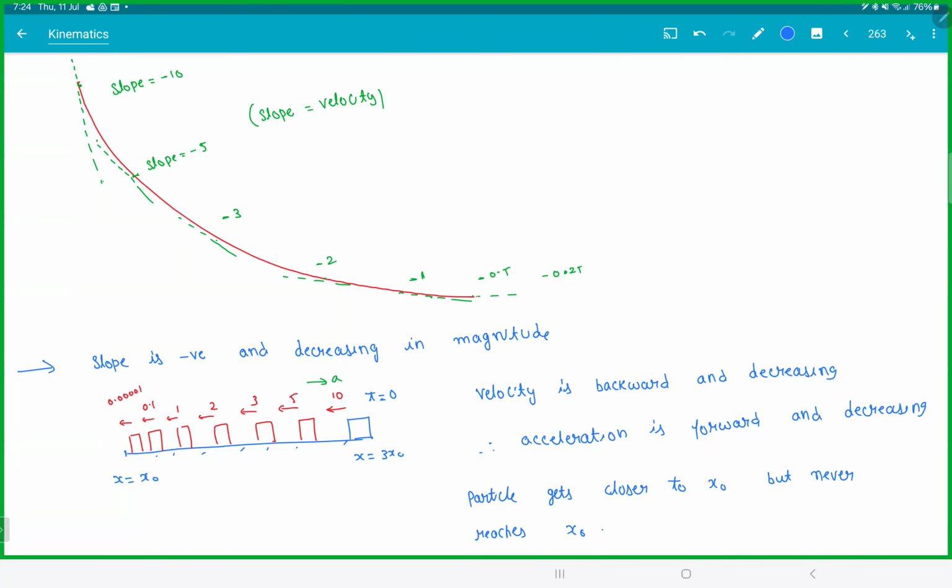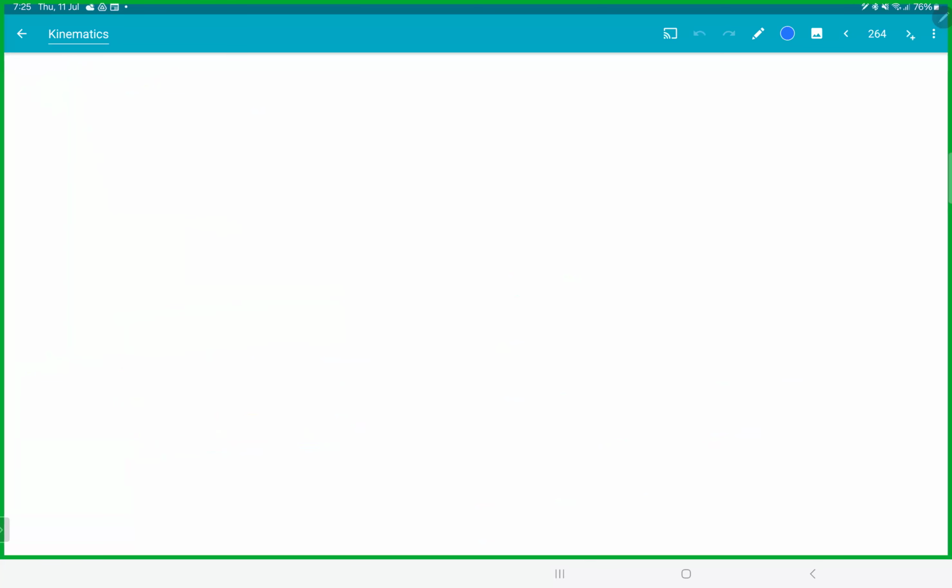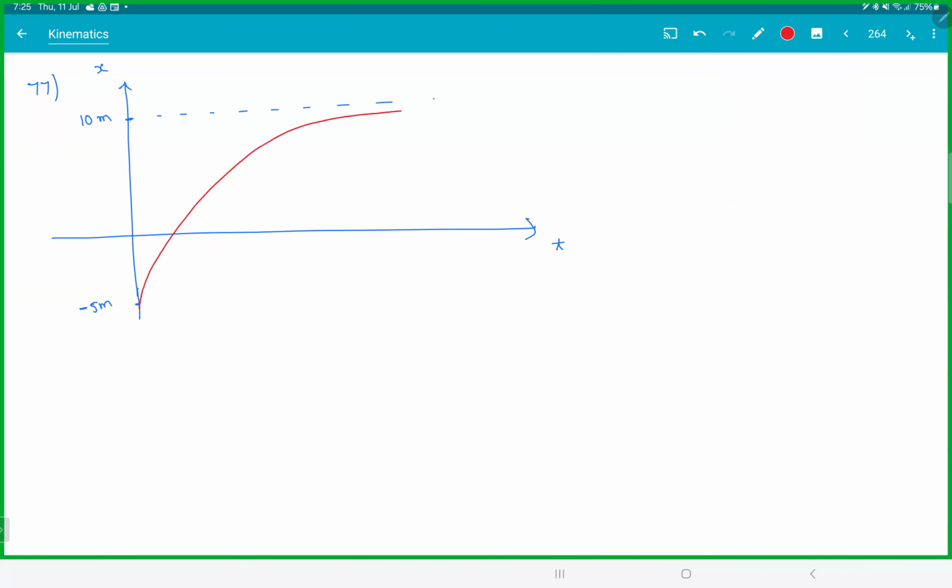Let's see one more like this. Again, what can you say about velocity and acceleration?